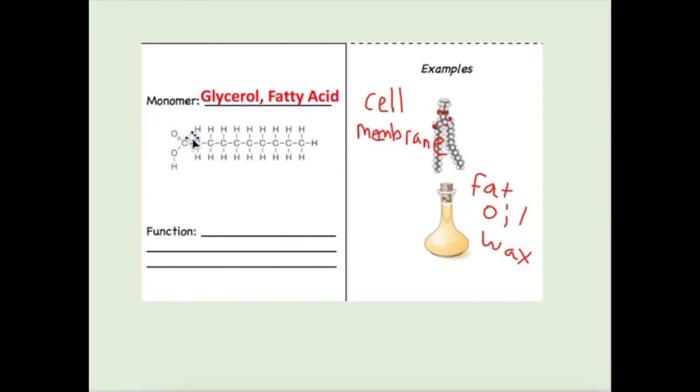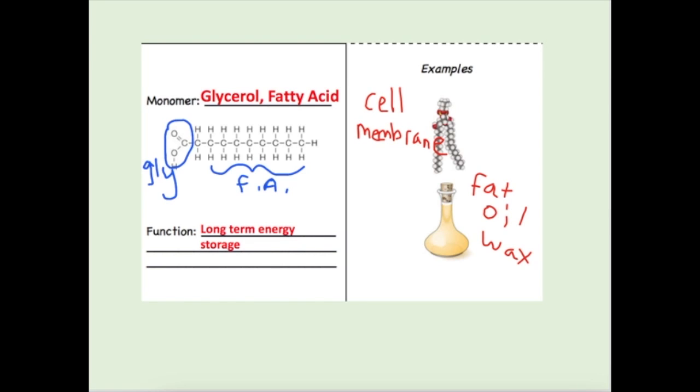So we're going to circle this glycerol end right down here and label it GLY for glycerol. The long chain here, that is the chain that's going to be your fatty acid. That is actually going to be the thing that requires a long time to break down. That's going to give you that long-term energy storage.